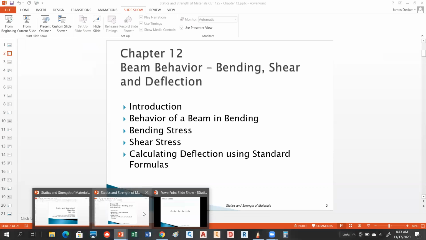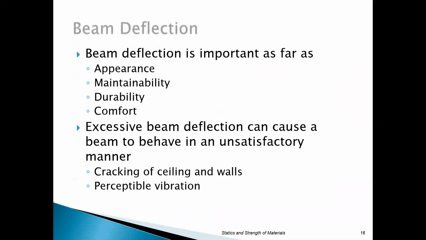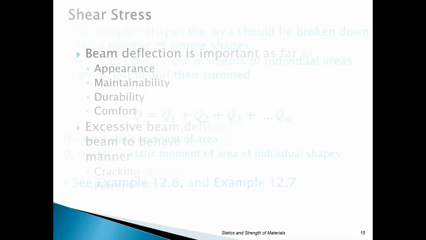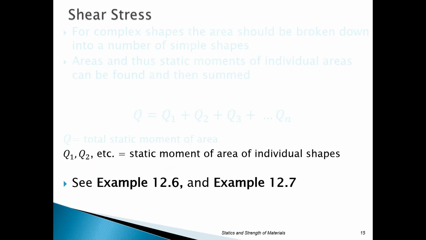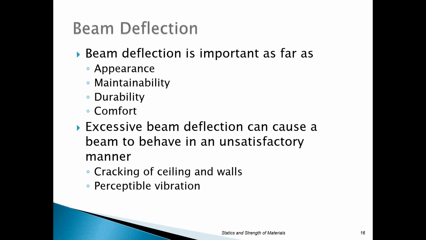Where were we? So I added this beam deflection stuff to your notes. So if you have the old chapter 12 stuff, I put this up there last night. Okay. So you have this in your notes. It goes up to here, but it doesn't go further. So I added this. So if you want to pull that up, you can have that now.